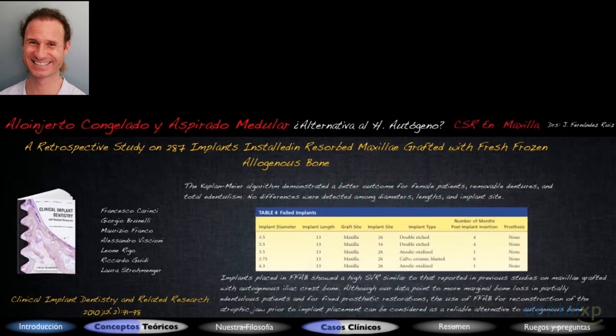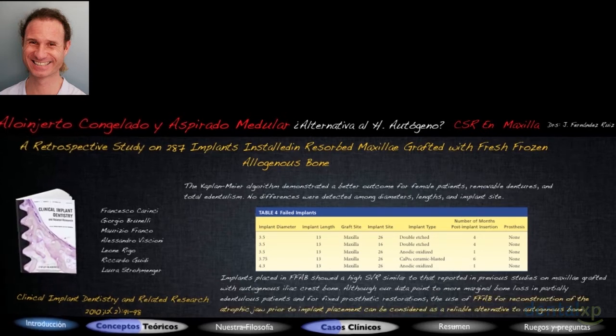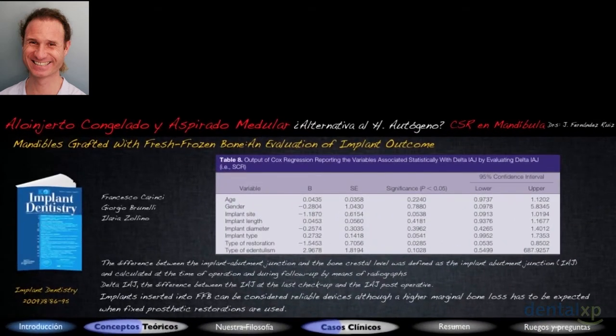And what he found was that even though there is a greater loss of bone, it is also a very helpful tool for guided bone regeneration before the fixation of the bone.